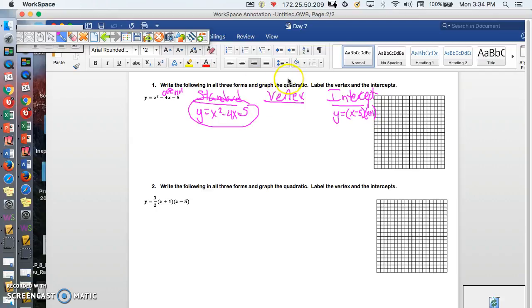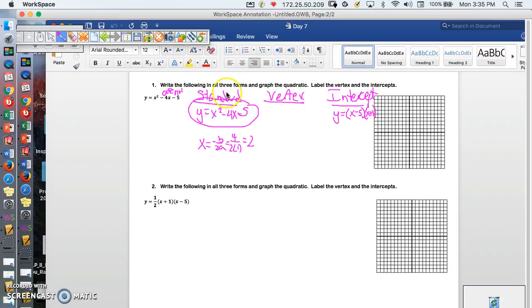And now let's think about vertex. There are 2 different ways we could do vertex. We could try completing the square, or we can use our knowledge that x equals the opposite of b over 2a. So that would be 4 over 2 times 1, so that's at 2.